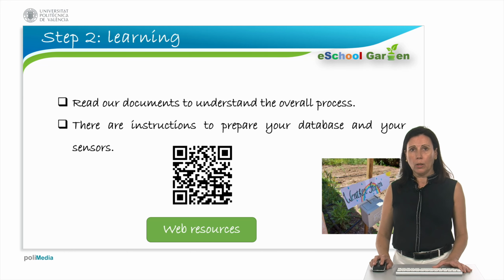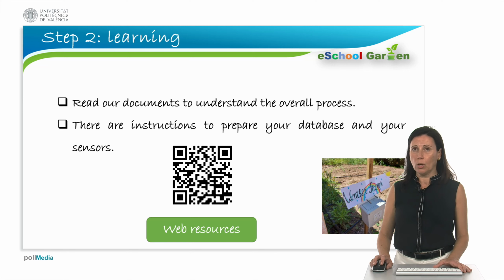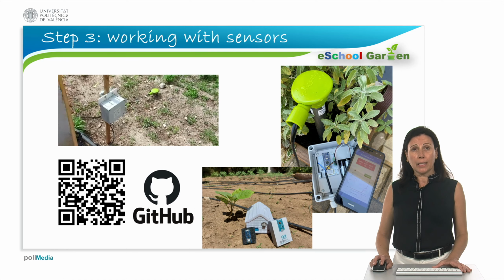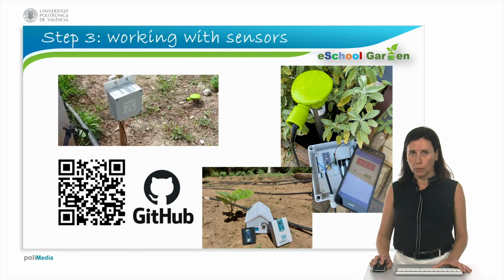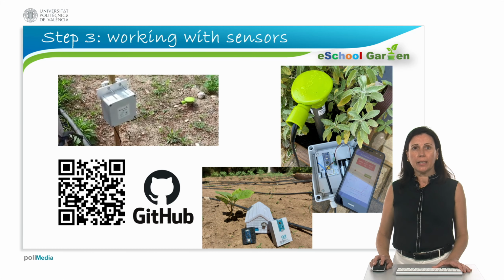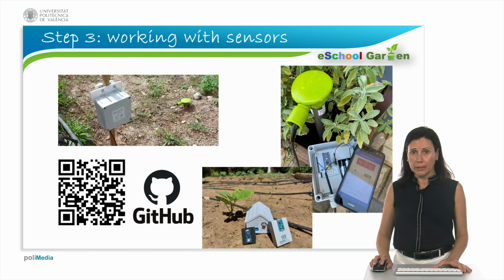Second step, go to our web and check the documents content. There are some materials specially prepared about Internet of Things. As I said, each space in our garden is a module, a project. Designing one module is a project itself.